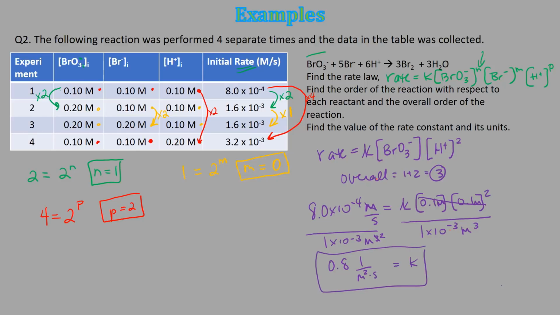So this time our units for K are different. And on the AP test, most of the time the units of K is worth a point on the free response or open-ended response, and the value for K is worth a point. So these units are worth the time to get.